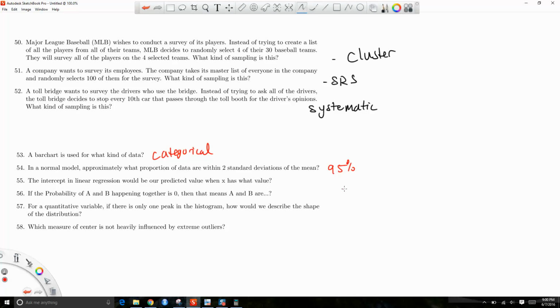The intercept in linear regression would be our predicted value when x has what value? 0. When x is 0. The probability of A and B happening together is 0, then that means A and B are mutually exclusive.